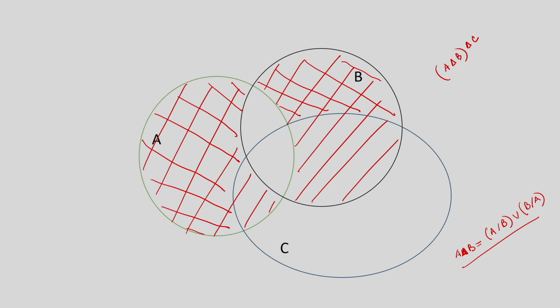So, this is my A delta B minus C. So, this region is A delta B minus C, and then I have to do C minus A delta B. So, from C I have to take out the A delta B region. So, if I do that, what am I going to get? This belongs to C, this circle thing, they belong to C, but they do not belong to A delta B. Similarly, this region also, they belong to C, but they do not belong to A delta B.